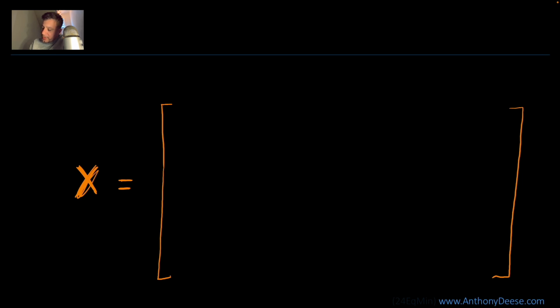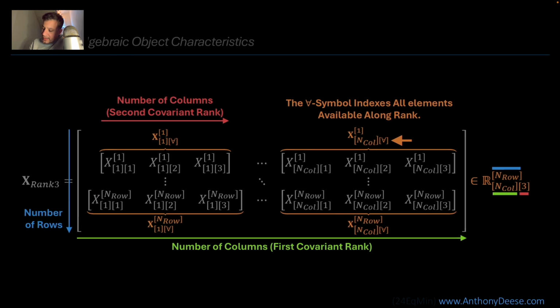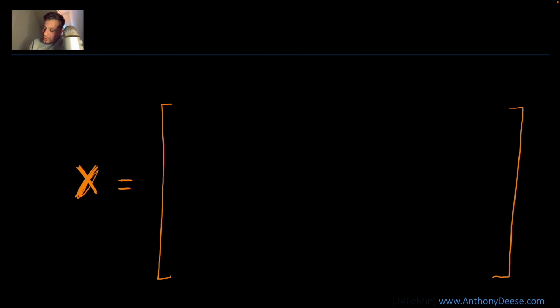Now, before I move on to this slide, I wanted to talk about expanding a rank 2 object to a rank 3 object. So let's take a look here at an object we're calling X, and I am going to make it pretty large to leave myself lots of room. I want to try to match what's on the next slide. So we start off with, let's say, a 3 by 2 matrix.